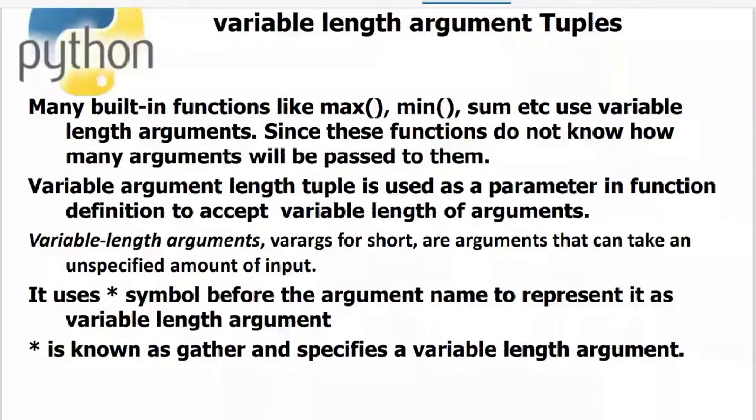You know max gives the maximum element, min gives the minimum element, sum sums all the values, len. Basically, sometimes you may not know how many values you need to pass to a particular function.